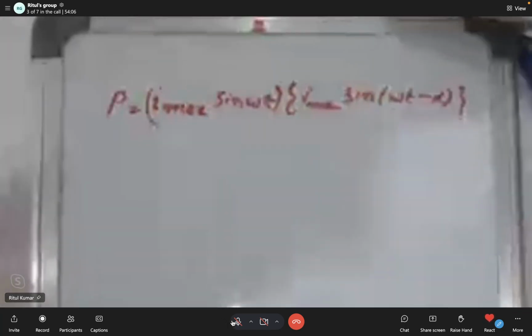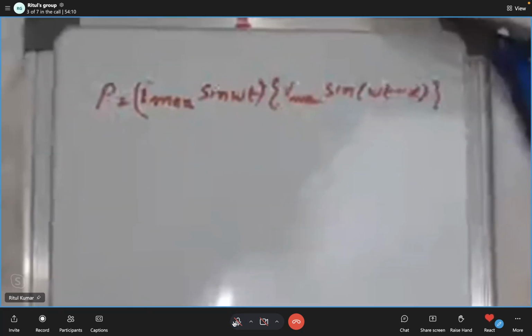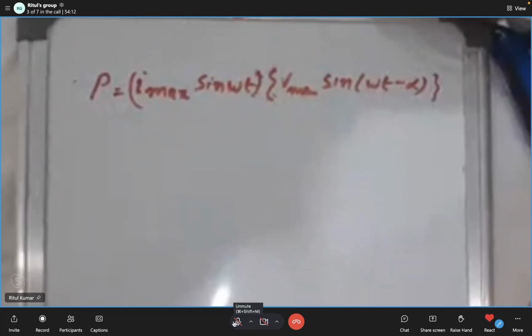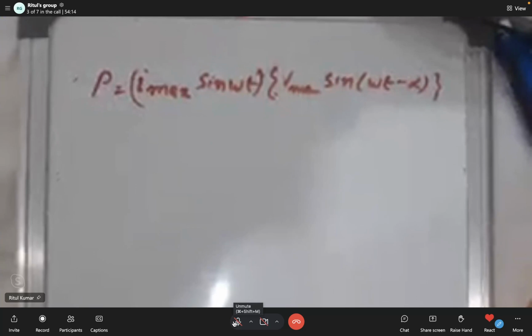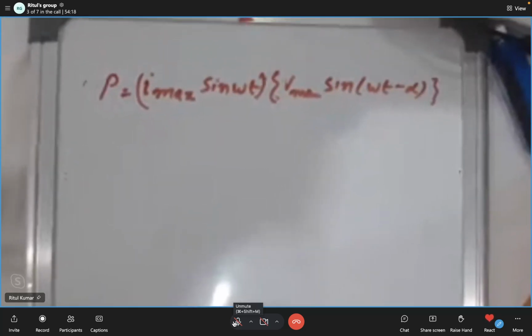I'm taking voltage to be lagging over here. This is current and this is voltage. Do check. Fine? Yes, sir. Some angle they are sharing. No issues. Right, this part can be negative.